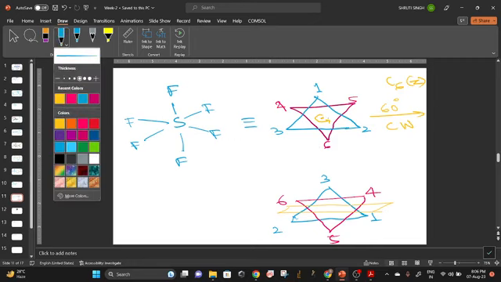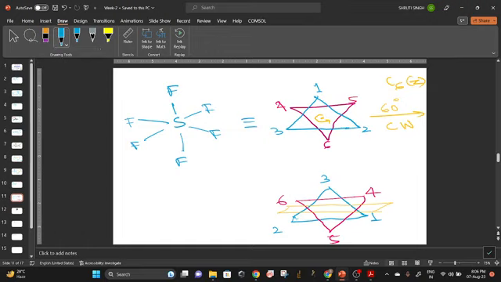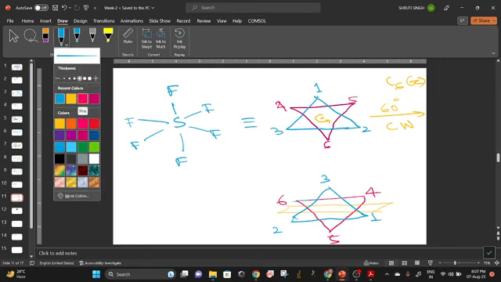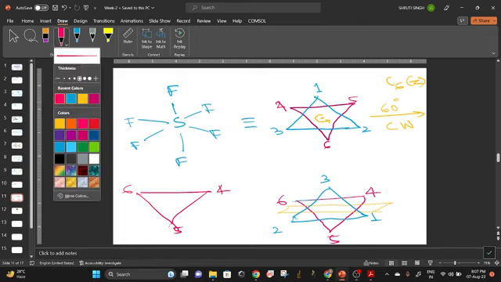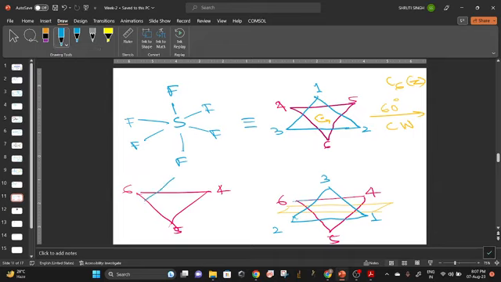Purple is up, now purple will go down, 6, 4, 5, and blue will come up.